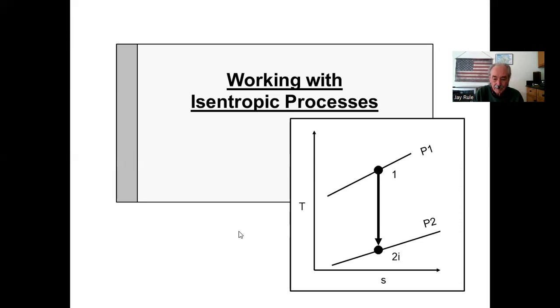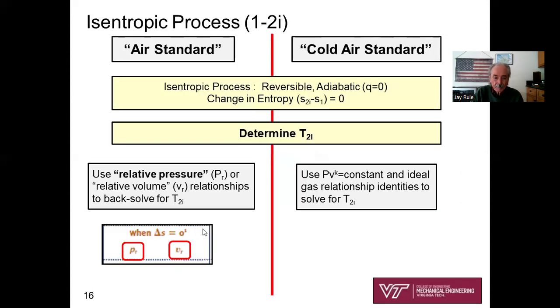We're going to look at variable specific heat and constant specific heat computations. Air standard is where you have air as an ideal gas with variable specific heat, and our job is to determine T2i.